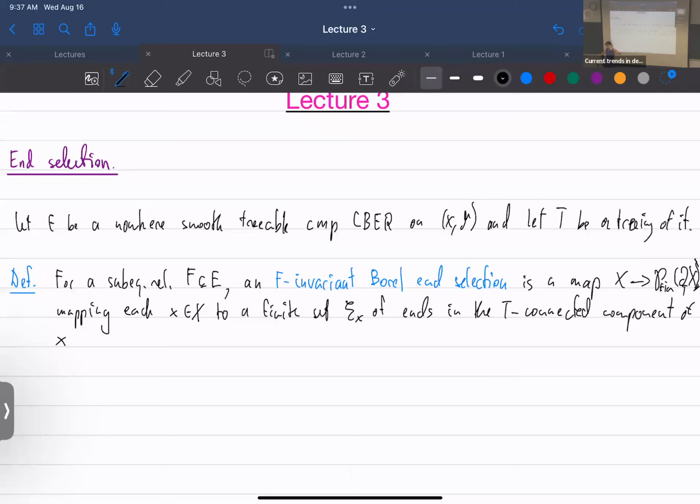Different points in the same F class can choose different rays, but these rays correspond to the same end. In that sense, it's F invariant, but the choice of rays isn't F invariant. Okay, so such that the lift of this map, to, instead of finite sets of ends, to the finite sets of rays.